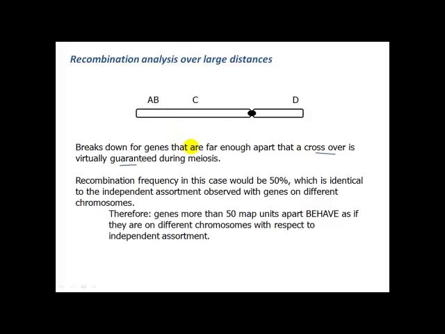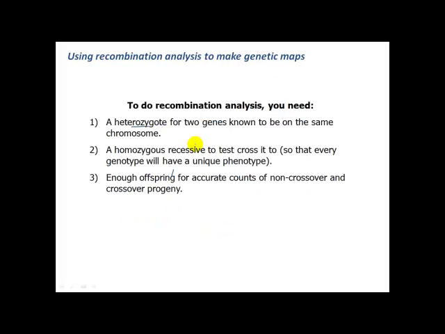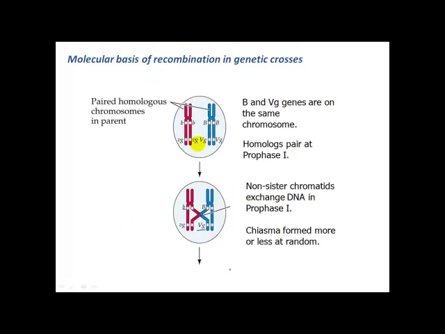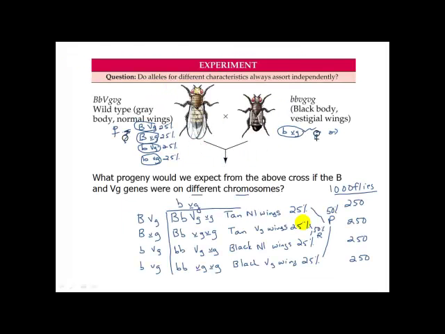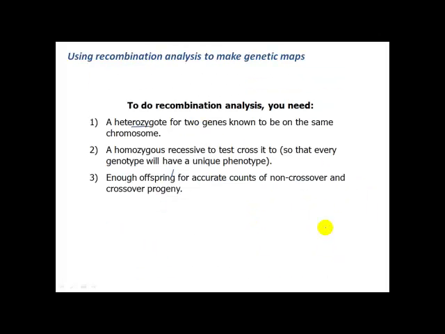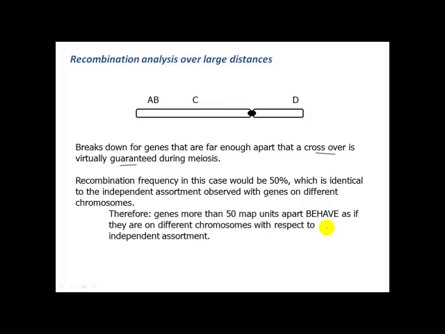So if we remember back, for independent assortment, genes that are on different chromosomes, we expect 50% recombinants, right? Under the hypothesis that these are on different chromosomes, we would expect 50% recombinants. So if you have two genes that are more than 50 map units apart, then that's essentially behaving like they're on different chromosomes.